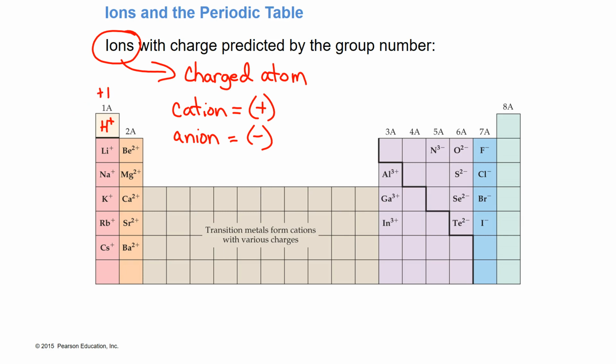A lot of times you're just going to see it as a positive sign without a number, but because we have one positive sign, we assume 1. All right. Everything in group 2A is going to be a +2 charge.